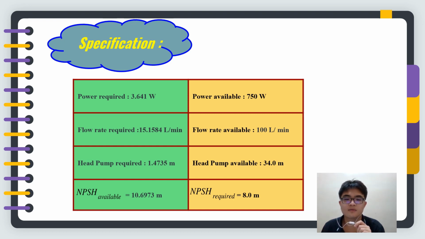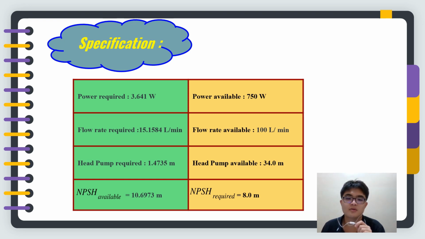Next, the third specification is the head pump. The head pump that can be provided by the SCM75 water pump is up to 34 meters, while the head pump that we calculated is only 1.4735 meters, which is quite small.